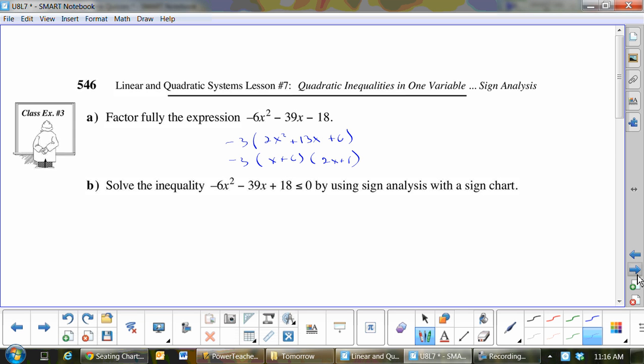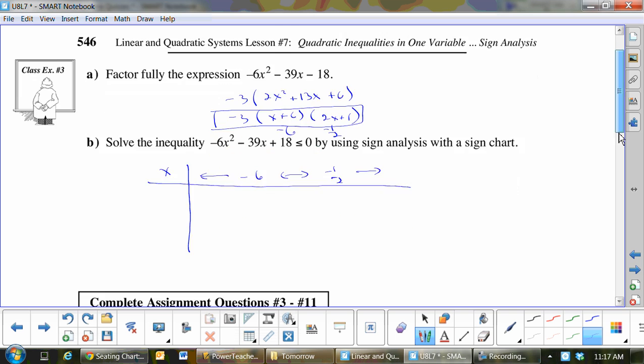So, negative 6 and negative 1/2 are critical points, right? So when you do your chart, put negative 6, negative 1/2, and put like this. Now, on the sides, we always need to put this in there.